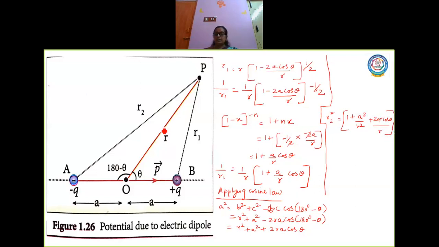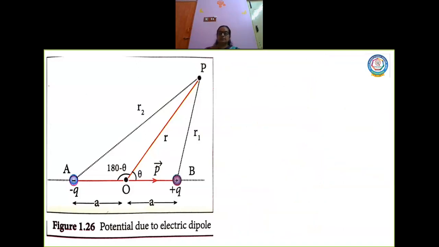Now here again neglecting a square by r square, I have r2 square to be 1 plus 2a cos theta by r. I will not have this r term in the numerator.